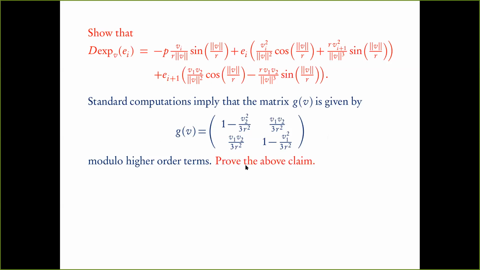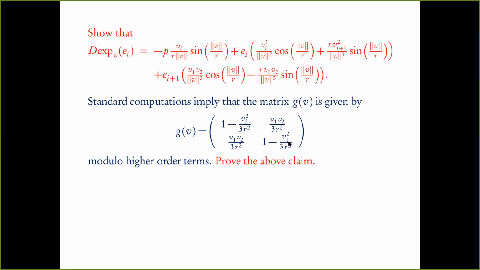So prove the above claim, meaning that you just show that G11 is this, G12 is this, because it's symmetric. You only have to compute 3 things: G11, G12, G22. But if you expand this, what do you get? This is already 1 minus something, 0 plus something, 0 plus something, 1 minus something.